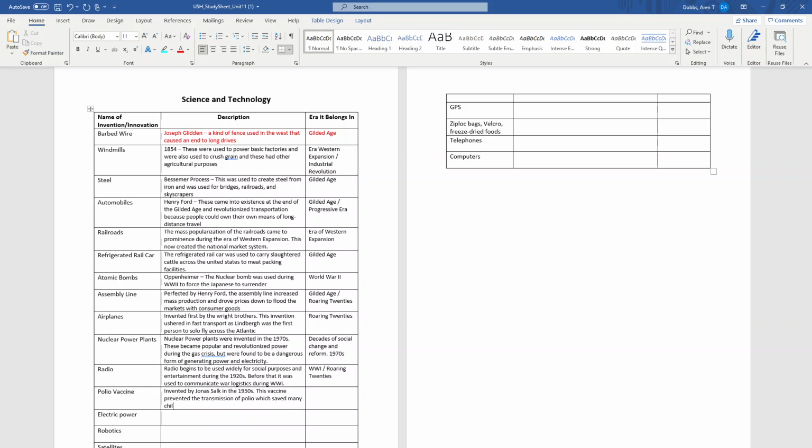That means 24 hours a day, 7 days a week, to create more goods. This happened during the Gilded Age.